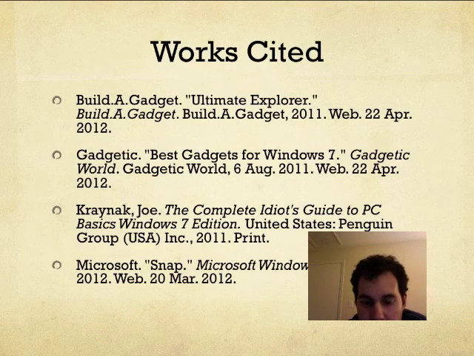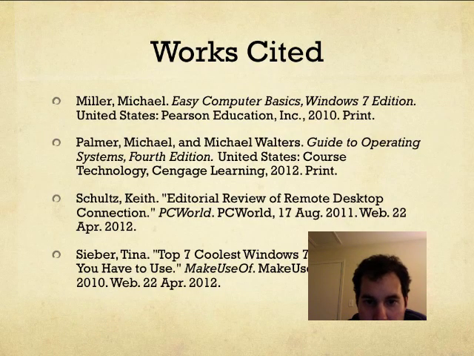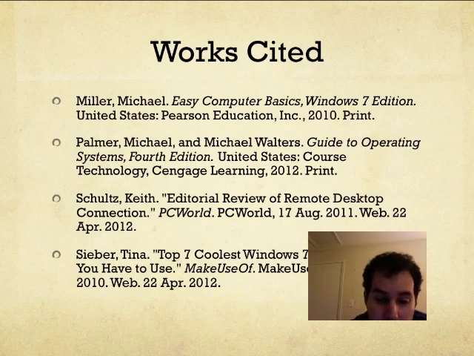I also used the Complete Idiot's Guide to PC Basics and Microsoft's website. And then I used Easy Computer Basics Windows 7 Edition and A Guide to Operating Systems 4th Edition, and an article from PC World, and Top 7 Coolest Windows 7 Desktop Gadgets You Have to Use from Make Use Of.